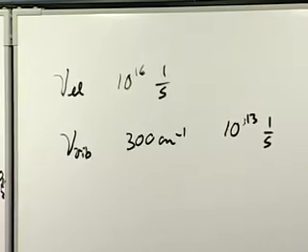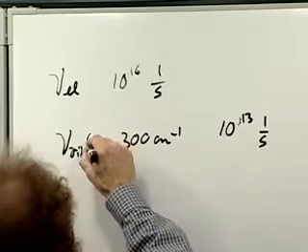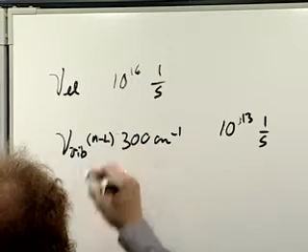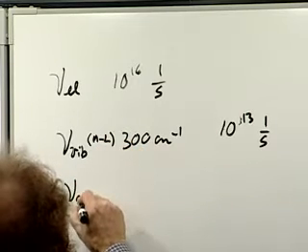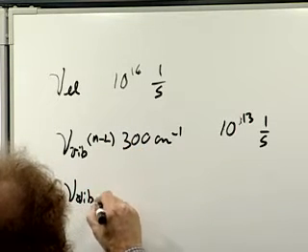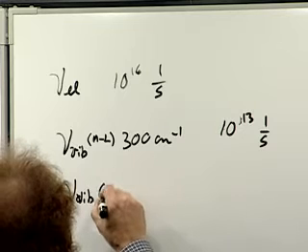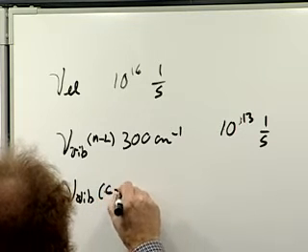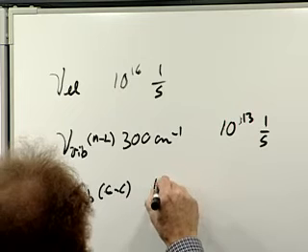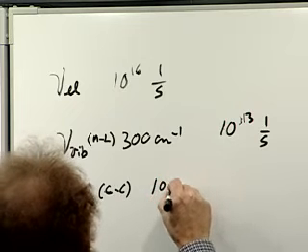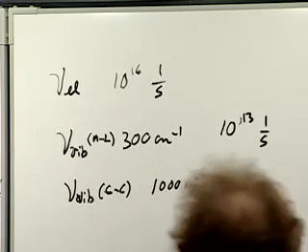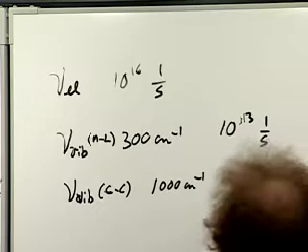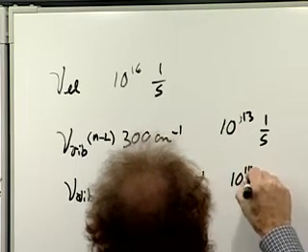And this is for a metal ligand bond. The vibration of something like a CC bond is something of the order of, let us say, about 1,000 centimeters to the minus 1. And this will be something like 10 to the 14th per second.